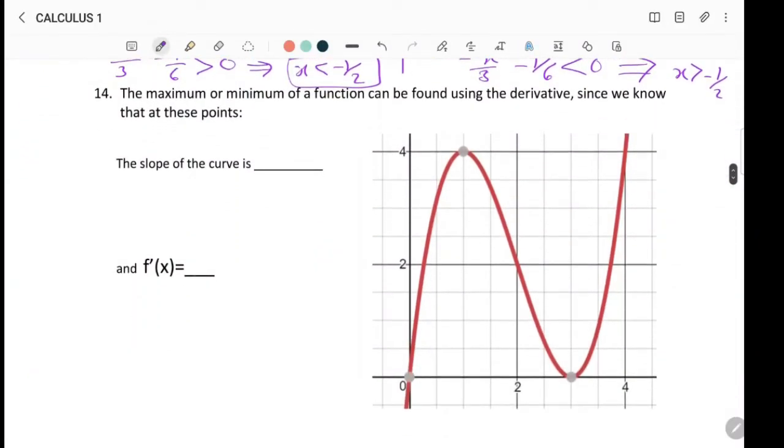That says the maximum or minimum of a function can be found using the derivative, since we know at these points the slope of the curve is, at which point?